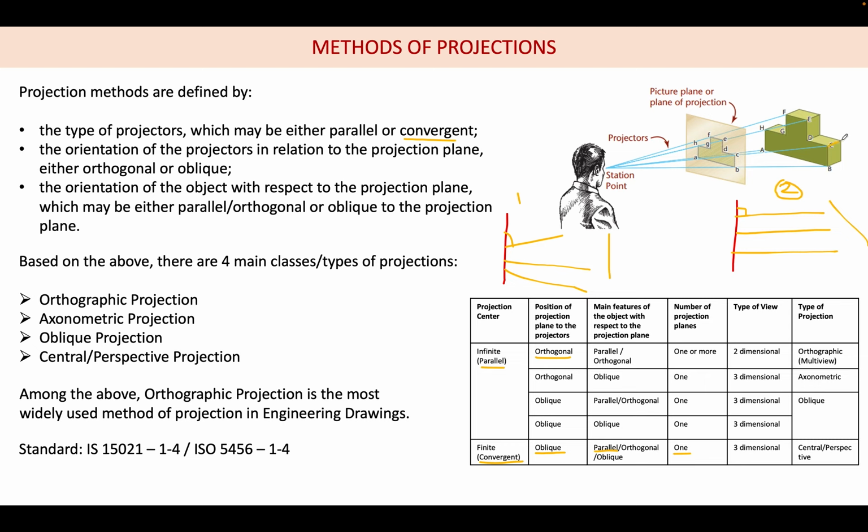If you take this edge, it will be orthogonal to the plane. The number of projection planes can be one or more, and this is a 2D view. So this comes under the orthographic projection. If your projection method follows all these criteria, then your type of projection is orthographic.